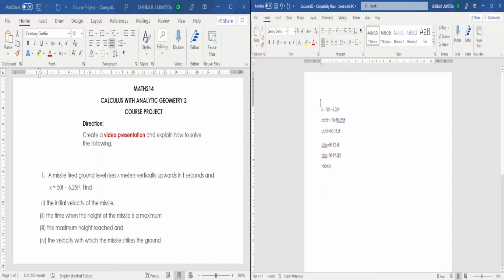So this is for the second question. dx/dt is equal to 50 minus 12.5t, and then 0 is equal to 50 minus 12.5t. So 12.5t is equal to 50, that will come up to 4 seconds.